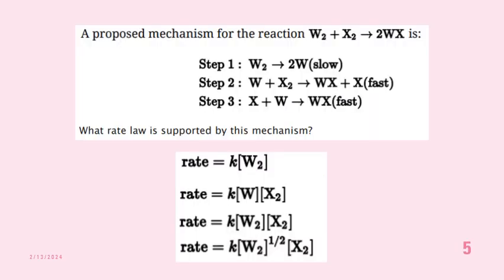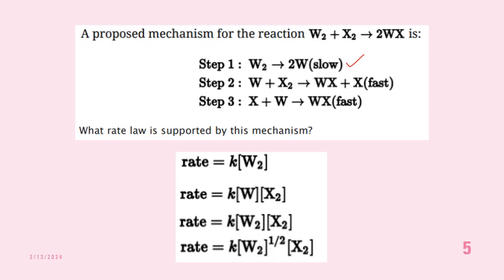And now the next question is, a proposed mechanism for the reaction W2 plus X2 gives 2 WX is given here. Step 1, step 2, step 3. And we have only one slow step here. It's not necessary that the slow step is always in the beginning. It can be at the end or in the middle, anywhere in the steps. But in this particular case, it is the first step.